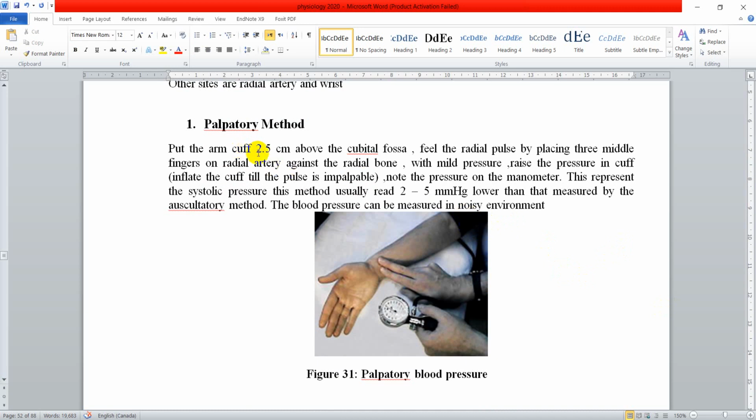Put the arm cuff 2.5 cm above the cubital fossa. Measure from the cubital fossa 2.5 cm or 2 fingers. Then put the cuff above this distance from the cubital fossa.